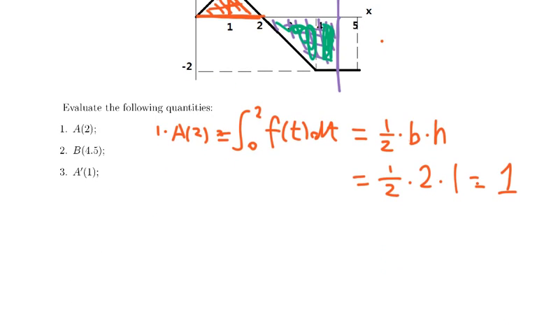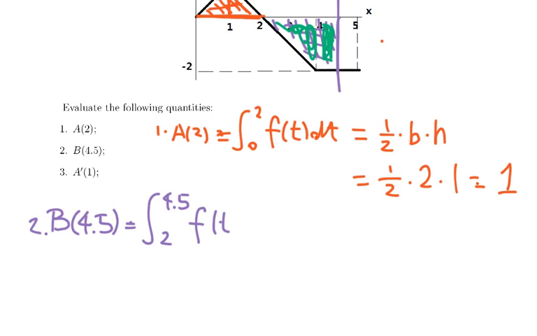Alright, so to do this, we will have B(4.5) equal to the integral from 2 to 4.5 of f(t) dt. And it is the sum of the area of a triangle and a rectangle.